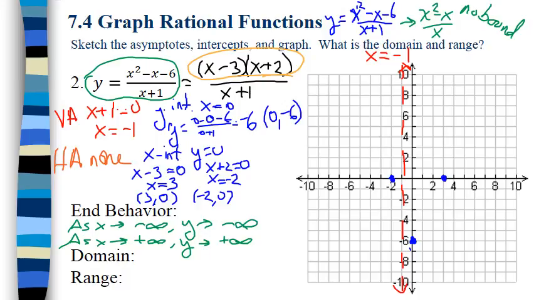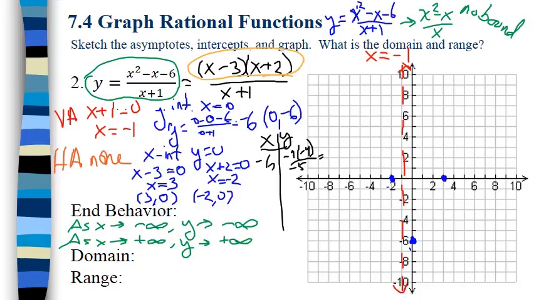Now, as I said before, we want at least 3 points on either side. Well, we have 3 points already, so that makes our xy table a little bit easier to find. So let's pick, I don't know, do you want negative 6? So we'll do negative 6. Negative 6 minus 3 is negative 9, times negative 6 plus 2 is negative 4, over negative 6 plus 1 is negative 5.